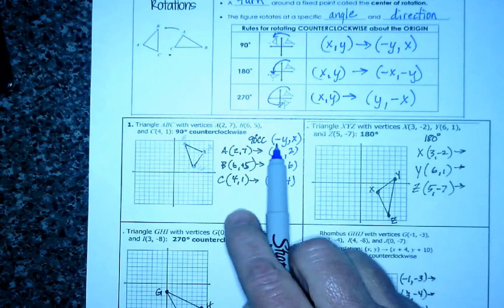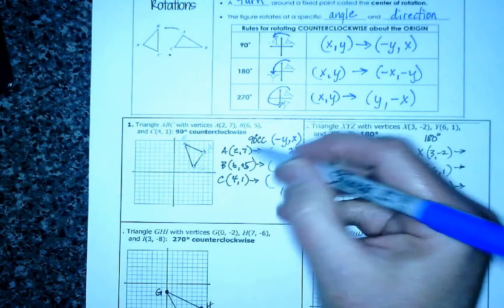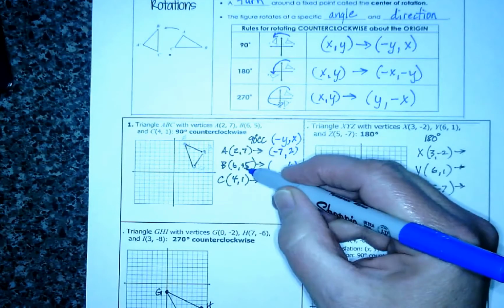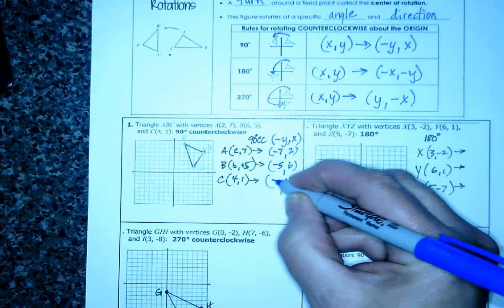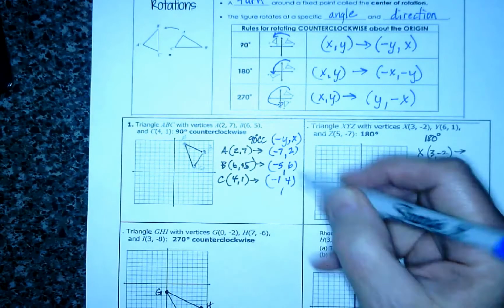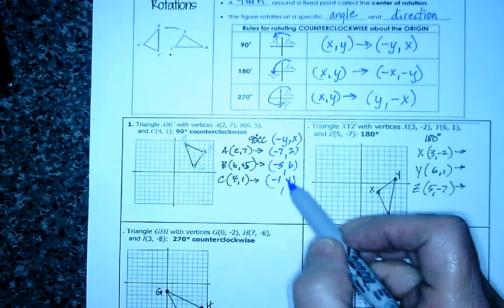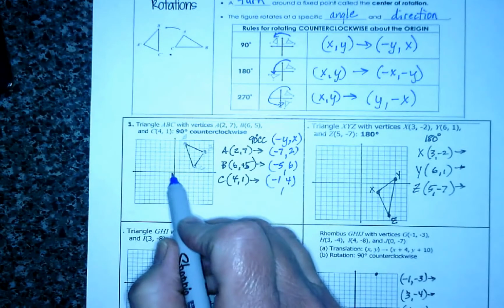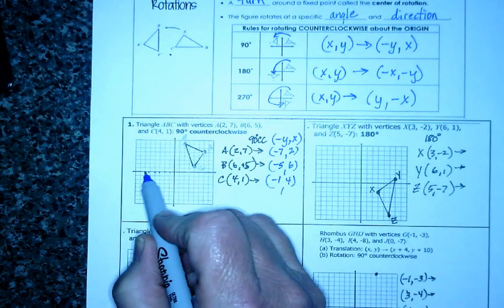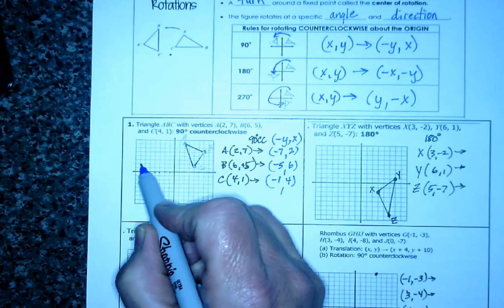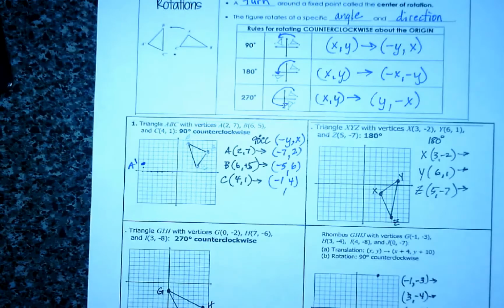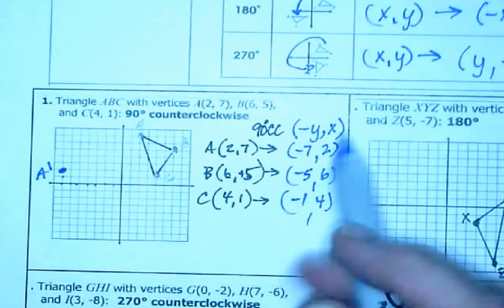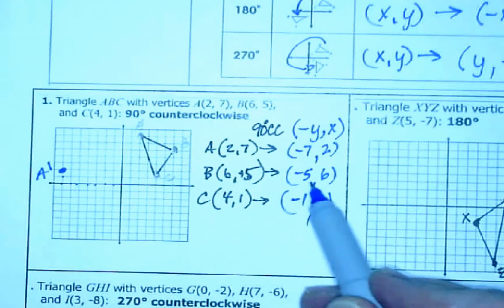For the y, I want the opposite y. So if this is 7, this is negative 7. This is 5, this is negative 5. This is 1, this is negative 1. Once I have that, I can take these three points and plot them. That's my new A, which we would call A prime. B prime is at (-5, 6).